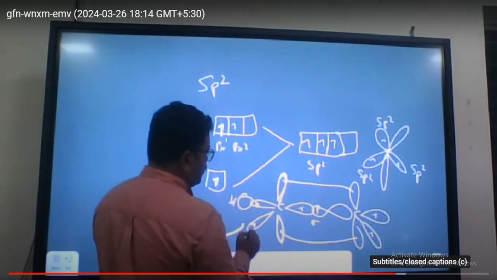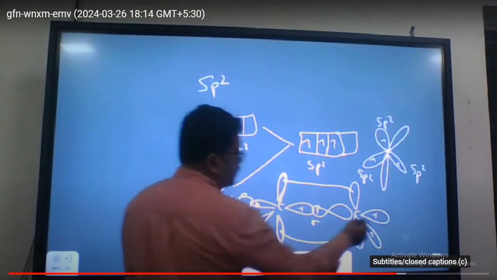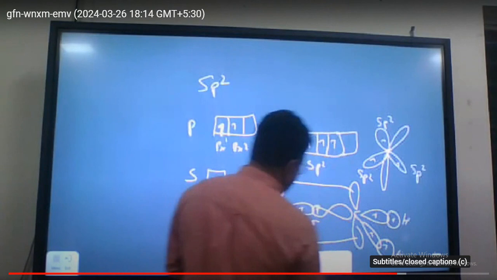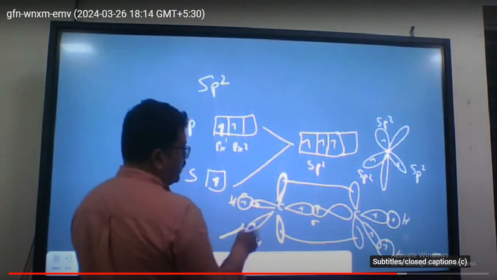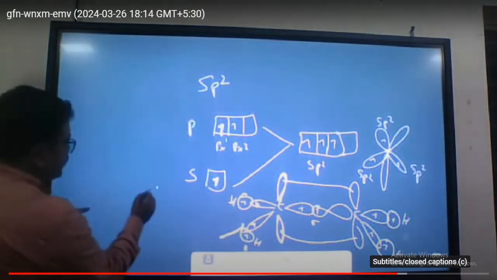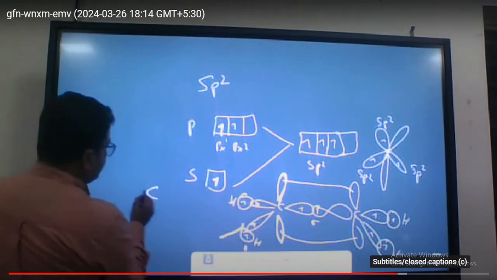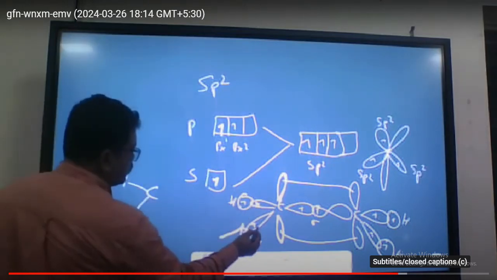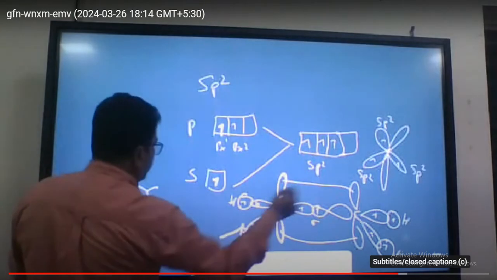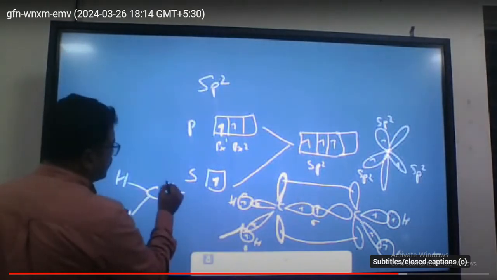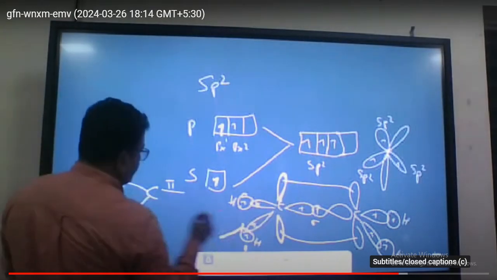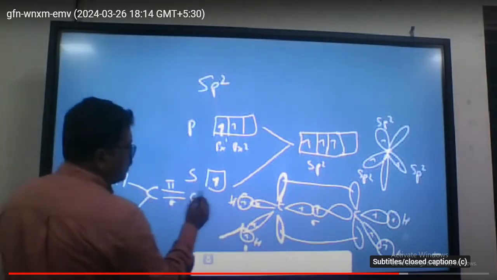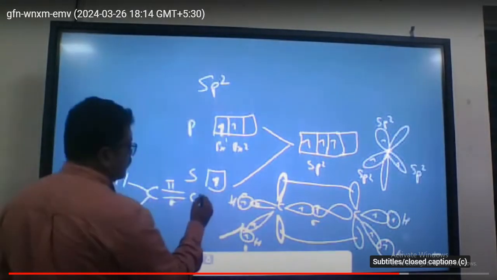This hydrogen is also hydrogen, one electron each from hydrogen. I can write this one sigma bond, 1 2 sigma bonds. The side way overlap is represented as a pi bond. Already one sigma bond is there, and the next carbon has the remaining 2 hydrogens.